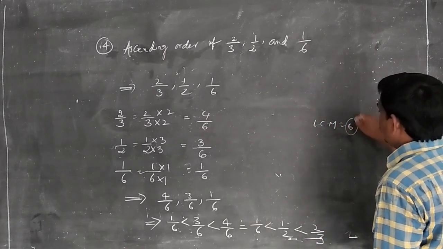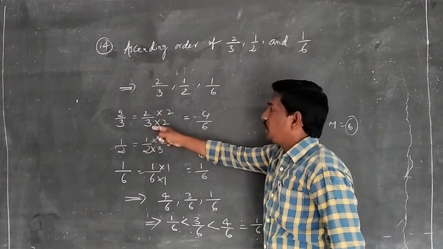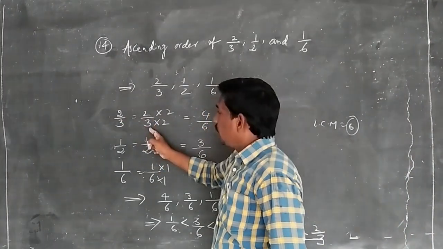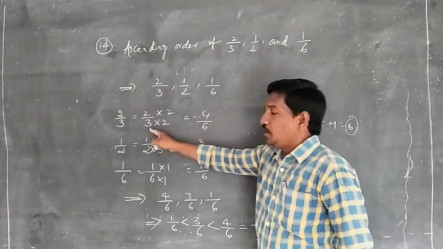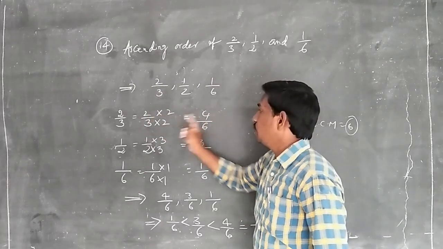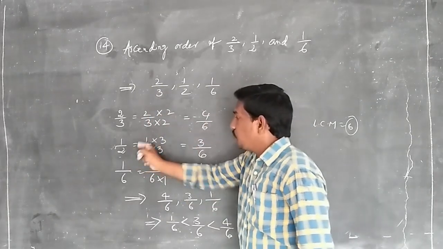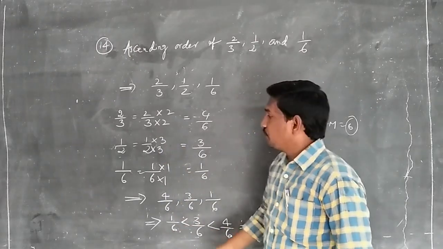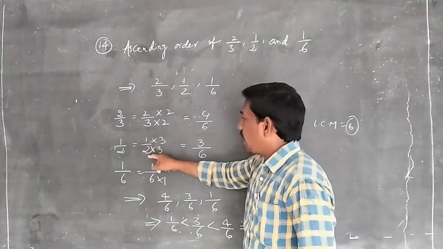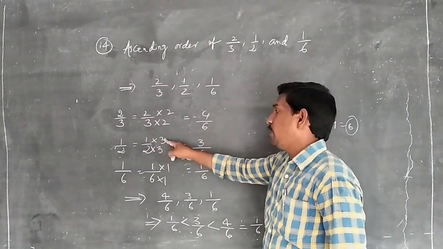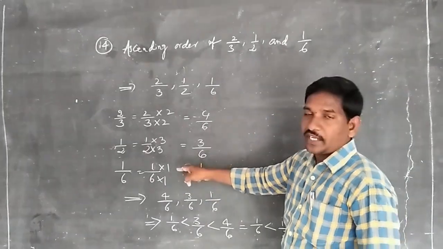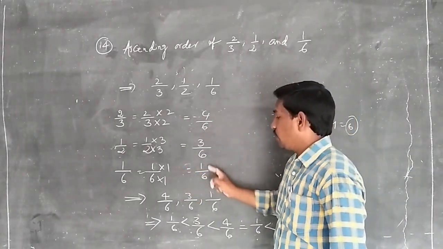Now make the denominators equal to the LCM. 2 by 3 equals to, if 3 becomes 6, the denominator should be multiplied by 2 as well as the numerator also. 2 2s are 4, 3 2s are 6. 1 by 2, the numerator and denominator should be multiplied by 3, giving 3 by 6. 1 by 6, the numerator and denominator multiplied by 1, giving 1 by 6.